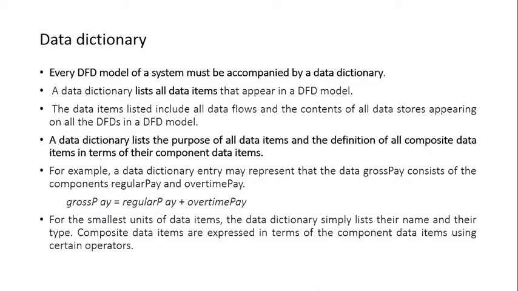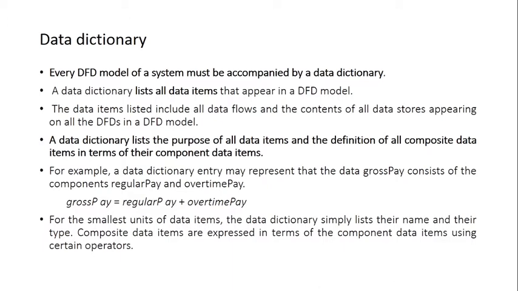What is the purpose of all these data items is also elaborated here. So the things it has are: list of all data items, the types of data items, the purpose of all these data items, and definition of all the composite data items in terms of their component data items, right? So four things, remember this properly: list, type, purpose and definition.